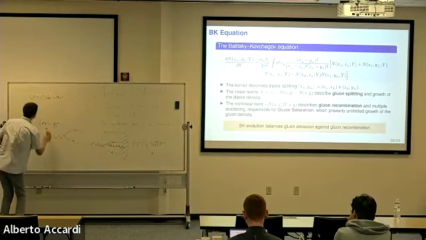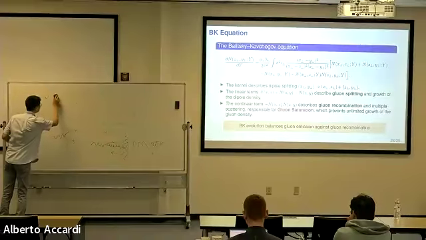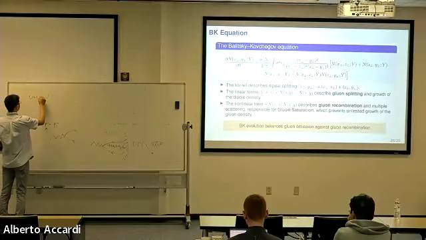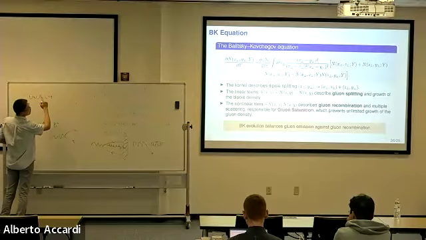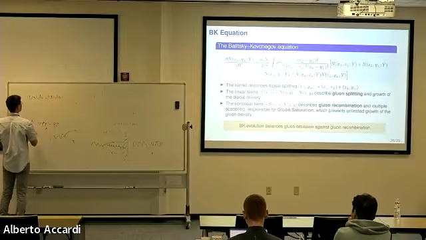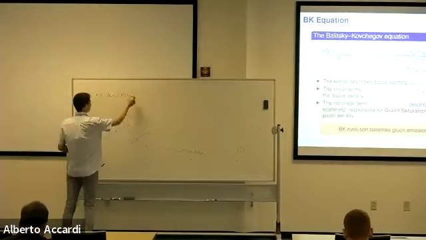It's probably in this form. So if you do not take the large NC limit, it will be 4 Wilson lines.